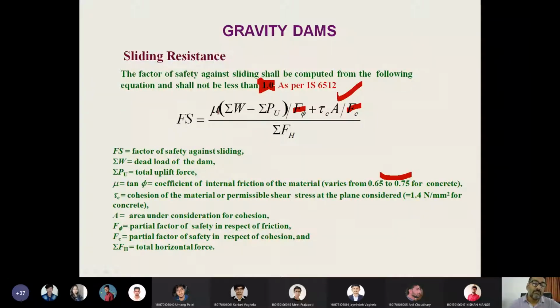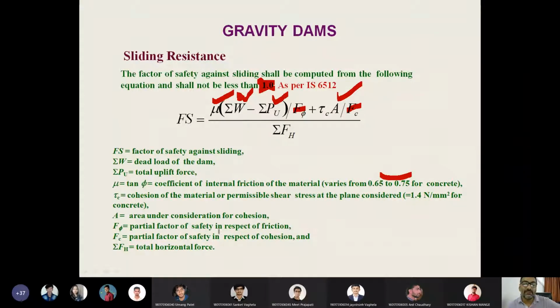Now, mu, the internal friction, is multiplied by the net vertical forces. W, the weight of the dam, is downward, and Pu is the uplift acting upward. So the net vertical force acting downward is taken and multiplied by mu divided by Ff.